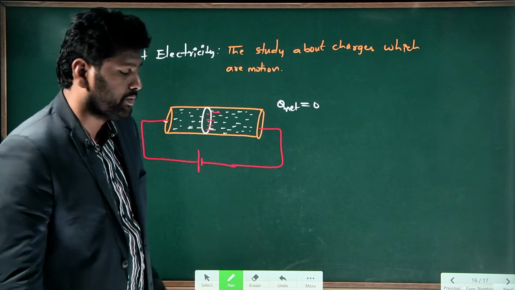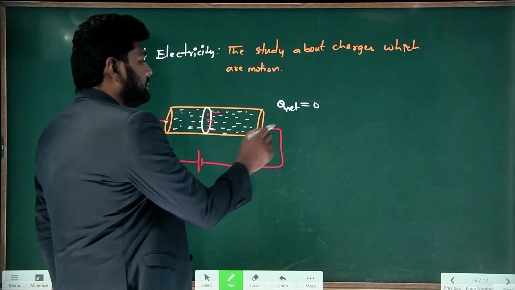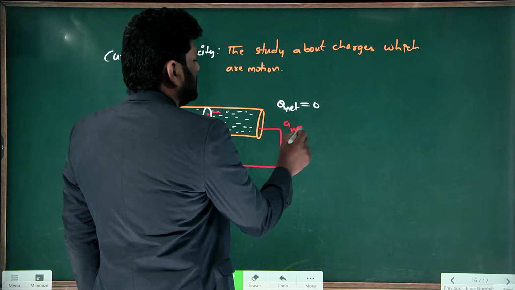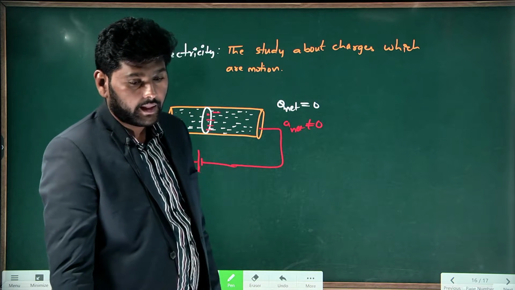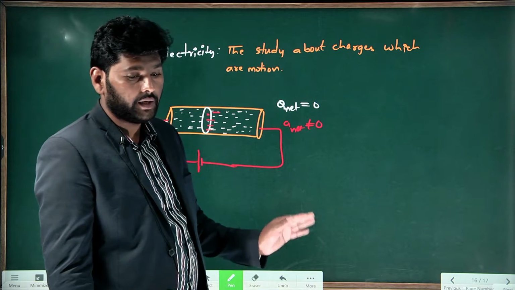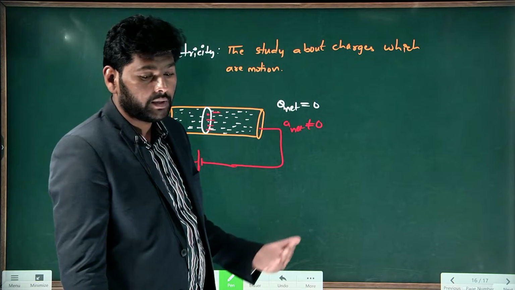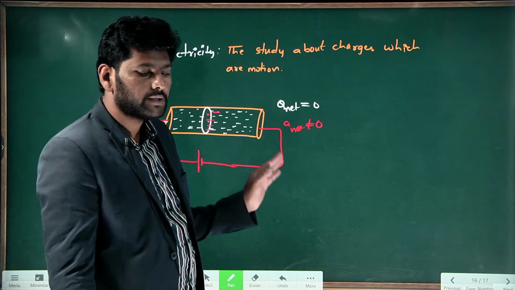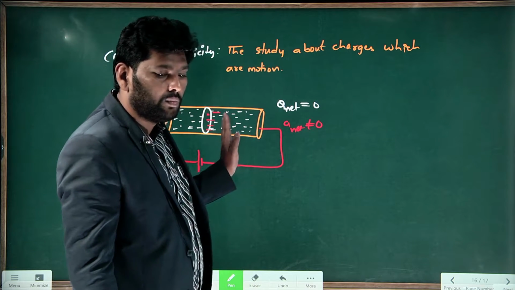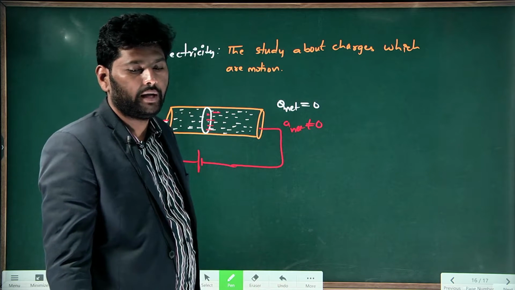Because of the ordered motion, you will observe some net charge across the cross section. It can't be zero, because the source moves all the charges in one direction.